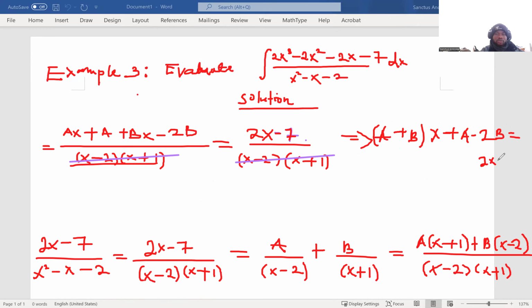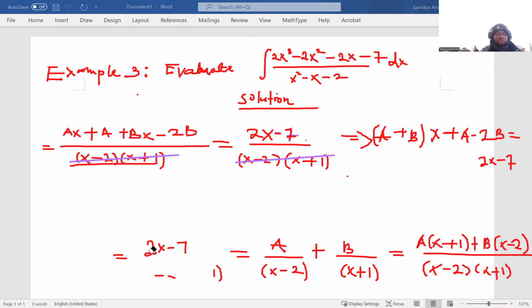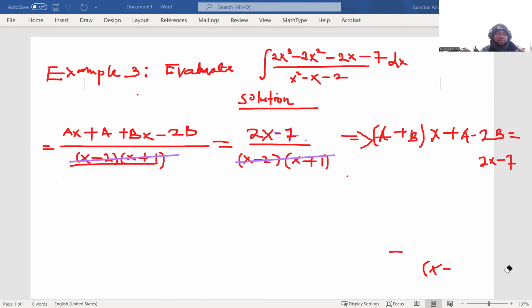So by comparison, we have that A plus B is equal to, if we compare both sides, the coefficient of x on the other side of the equation, which is 2. So A plus B is equal to 2.